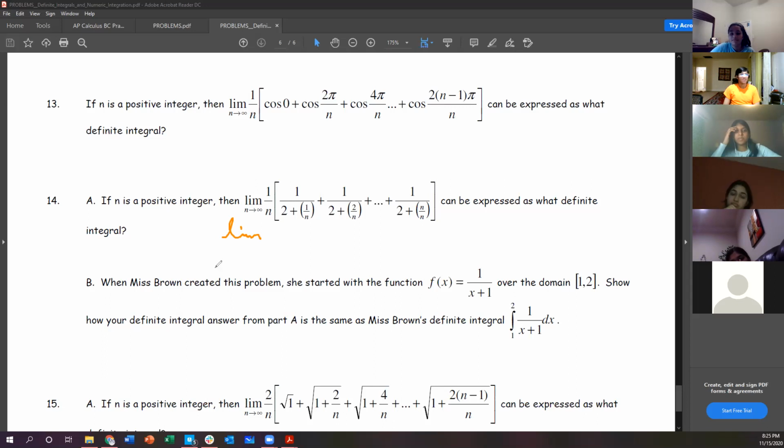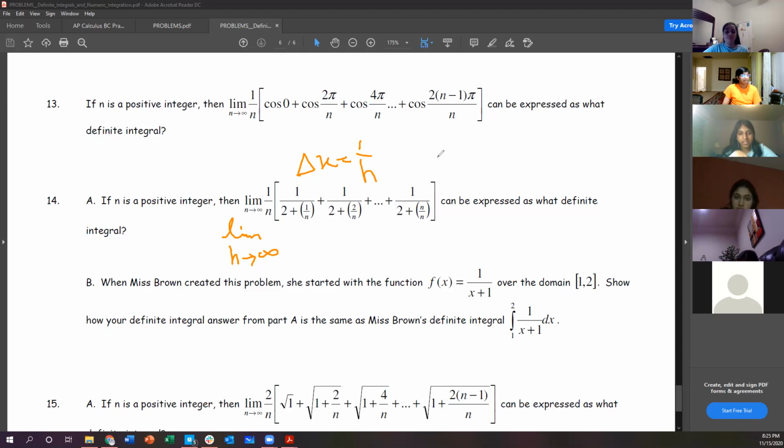Yeah, sure. Okay. So 1 over n is delta x. Sorry, can you enlighten us on why you think delta x is 1 over n? Because the whole thing is multiplied by 1 over n. We're doing the rectangles, right? So we wanted to multiply by that. Okay, good, that's true.